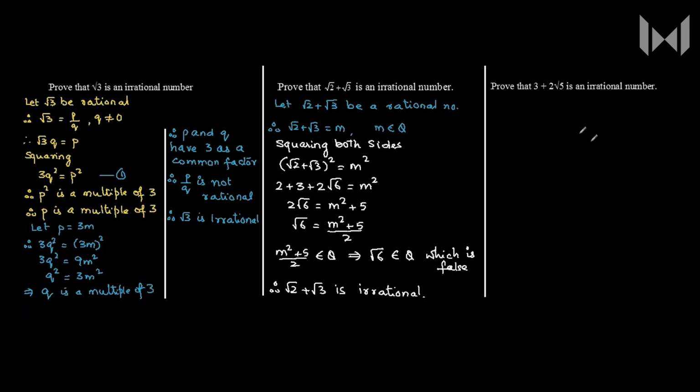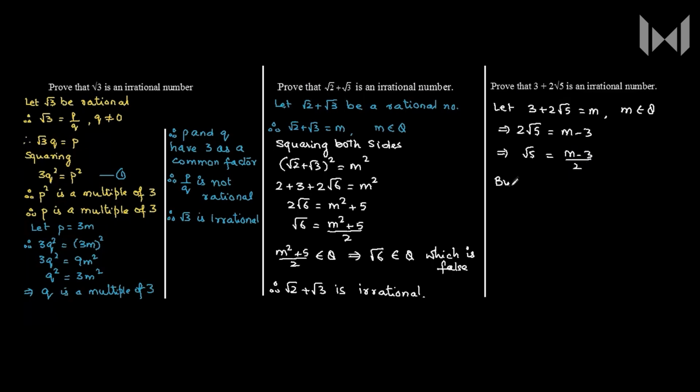In the next one, it's a very simple one, it can be done straight away. So let 3 plus 2 root 5 be equal to m, where m belongs to the set of rational numbers. This implies 2 root 5 is equal to m minus 3, and that implies root 5 is equal to m minus 3 upon 2.